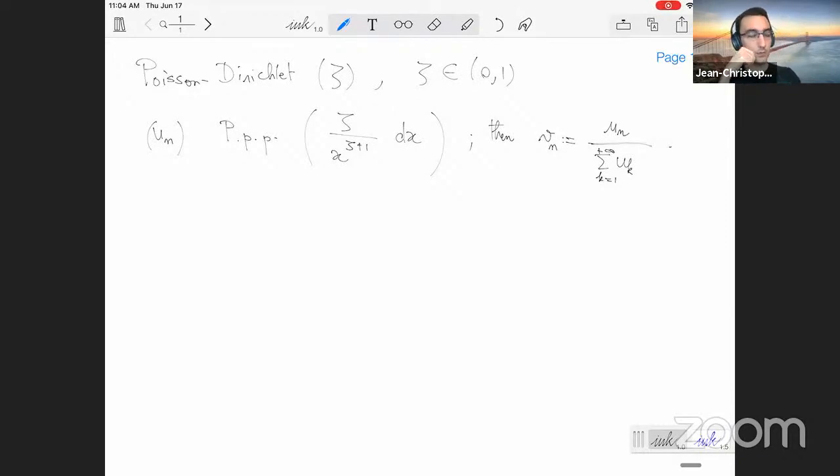This is supposed to capture the weights of our Gibbs measure in the limit. As a toy model, we discussed last time the situation in which we have 2 to the n independent Gaussians, and we look at the exponential of beta square root of n times these Gaussians.